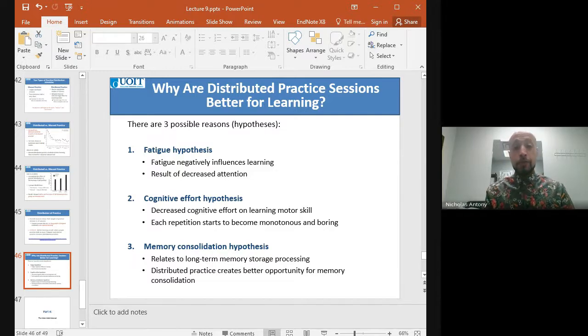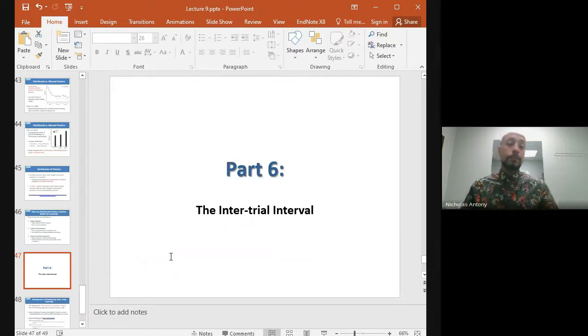These are the three main reasons as to why mass practice leads to poorer learning and distributed practice leads to better learning. There's the fatigue hypothesis: by doing something for too long, you have decreased attention on what you're doing, and therefore it leads to less cognitive effort, right? So you're putting less effort into what you're doing, and then ultimately it leads to poorer memory consolidation. Does that make sense, everyone?